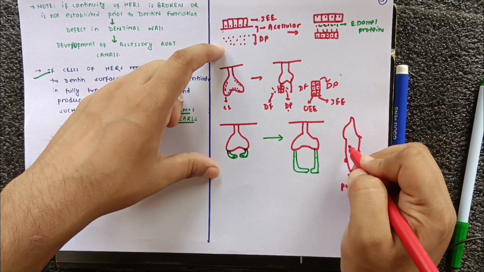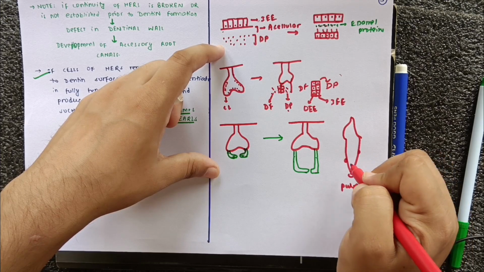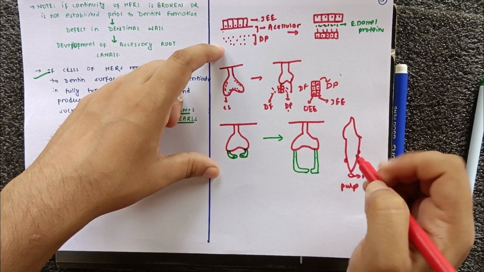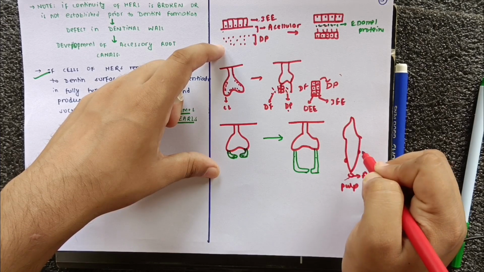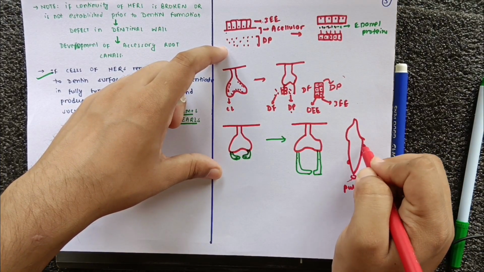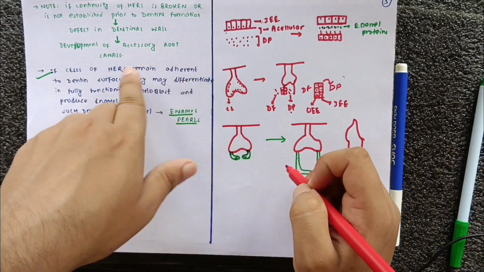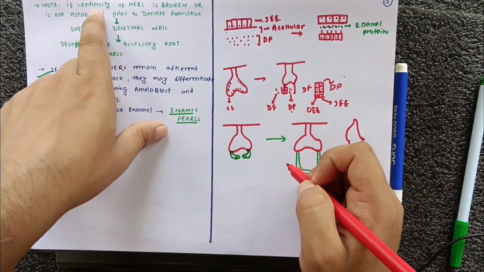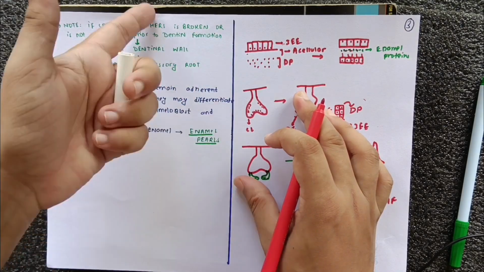In the radicular pulp, the root portion of the pulp, the apical foramen opens at the apex, and nerves and vessels go inside the pulp. But sometimes openings are also present in the radicular pulp. That opening is called an accessory root canal, and it is formed when the continuity of the Hertwig root sheath is broken or not established prior to dentine formation.